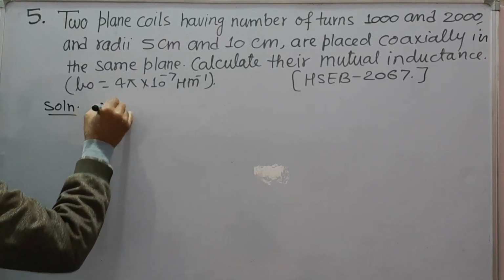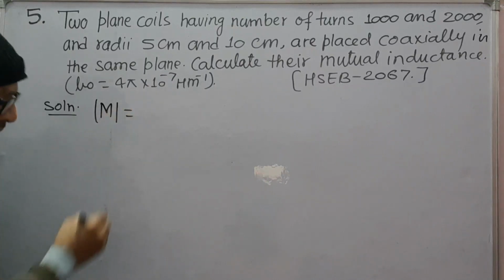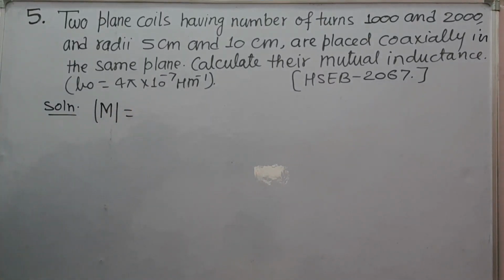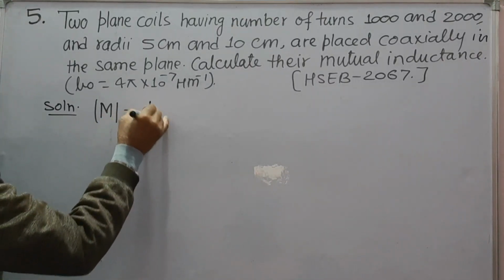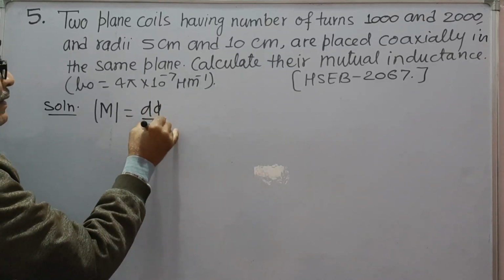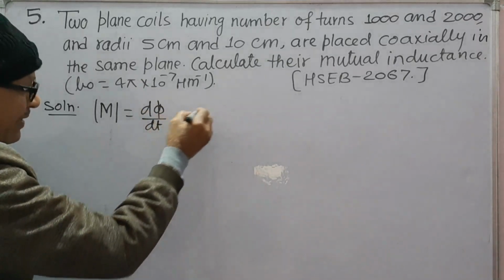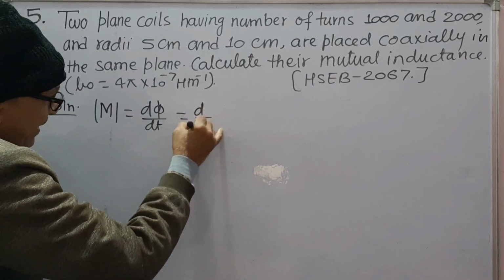Mutual inductance has magnitude d phi upon dt. This is d upon dt.